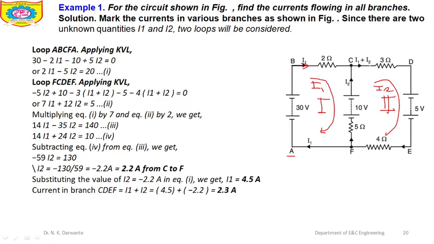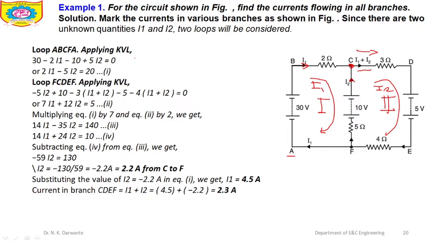Similarly, if I assume that the current flowing through this branch is I2, then as per Kirchhoff's current law, the sum of the currents at any node or junction is equal to 0. Then the incoming currents are I1 and I2 and the outgoing current will be I1 plus I2. You may call this I3, but I3 will be equal to I1 plus I2. And this is the assumed direction.